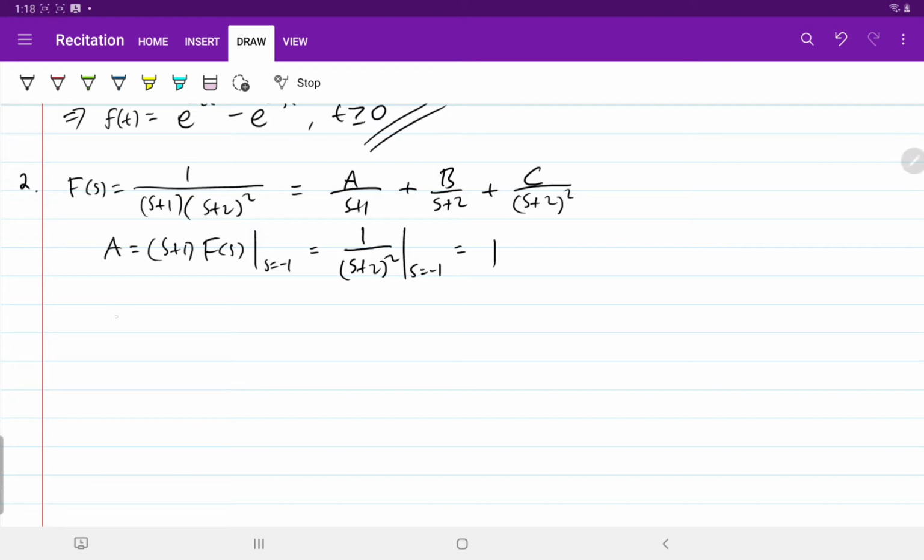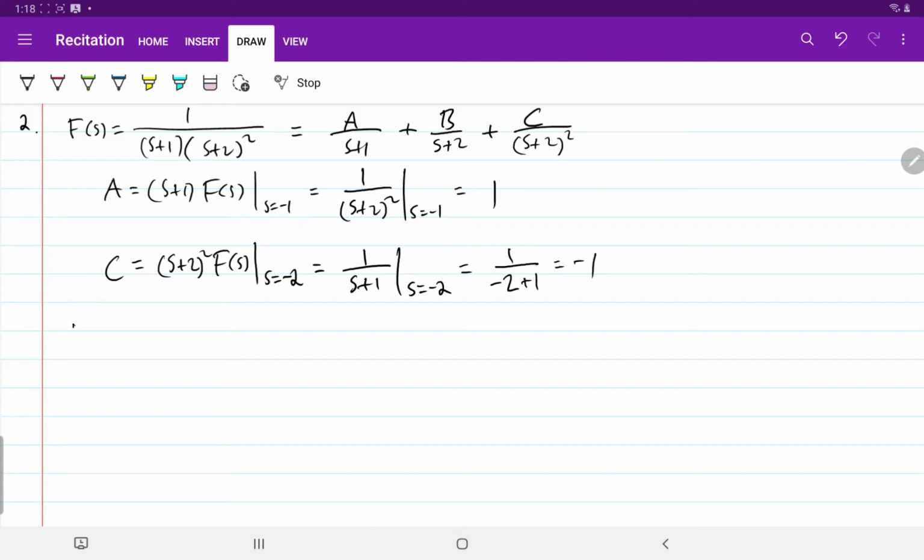And then for C, multiply s plus 2 squared to F of s, and you replace s with the root, negative 2, and you have 1 over s plus 1, so 1 over minus 2 plus 1 is minus 1.